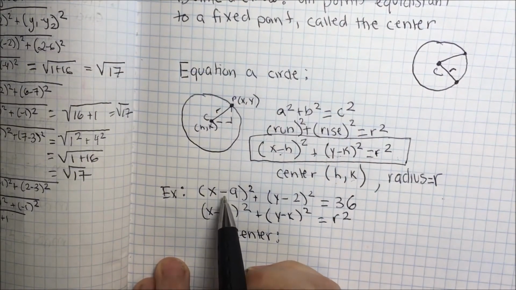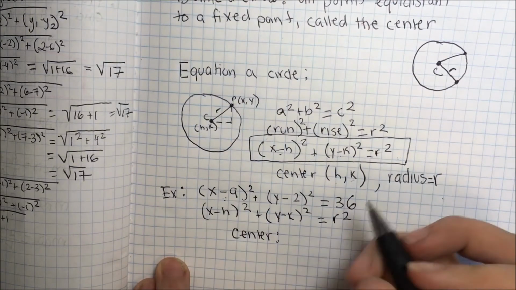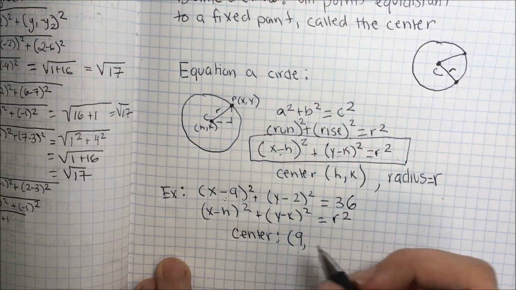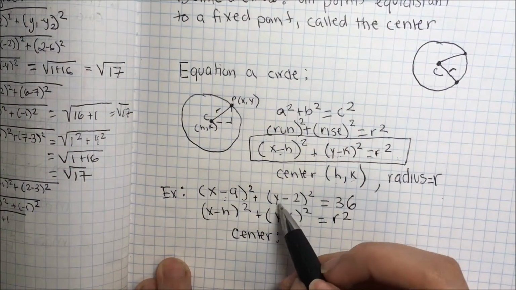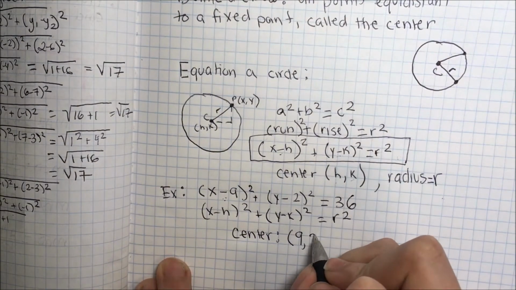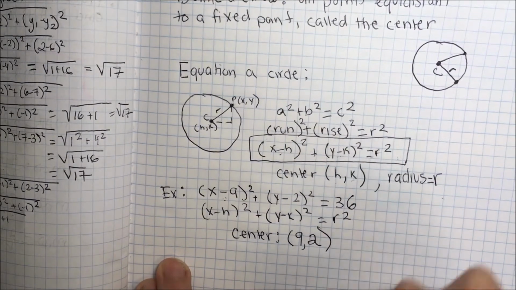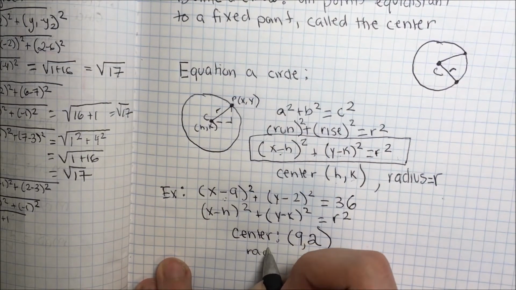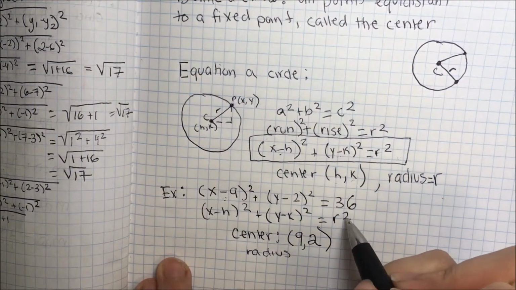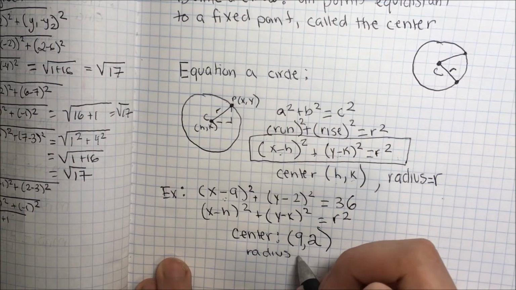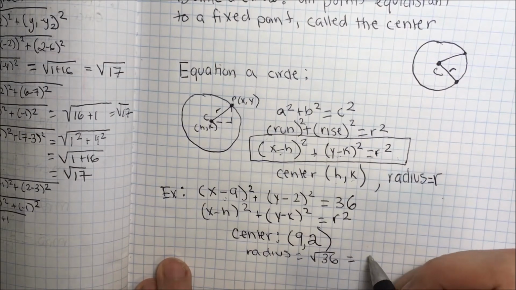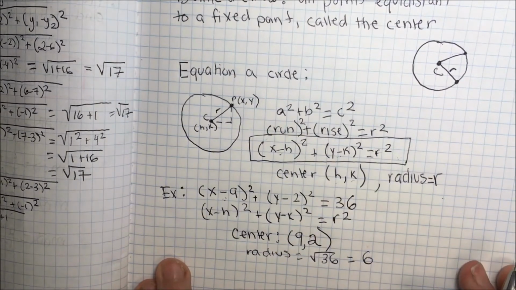So if we have a negative 9, we have to negate that. So we're going to have a 9 for our x. Then for y, we have to negate our negative 2, so we have 2. So our center is going to be (9, 2). And then our radius is going to be the square root of 36, which is 6.